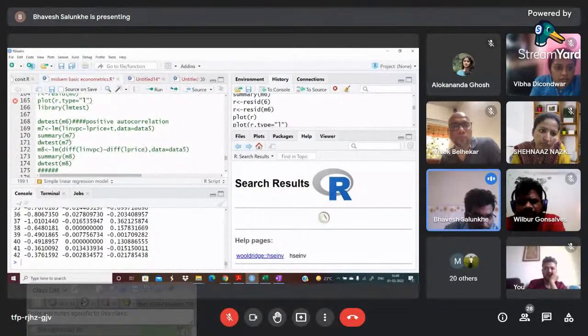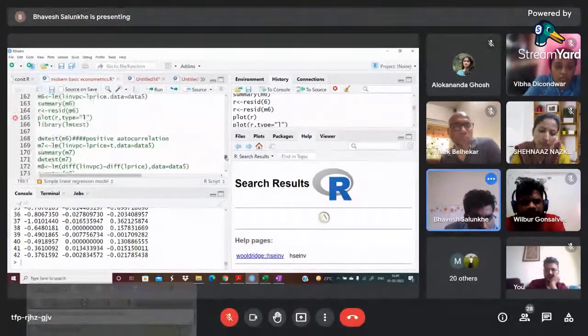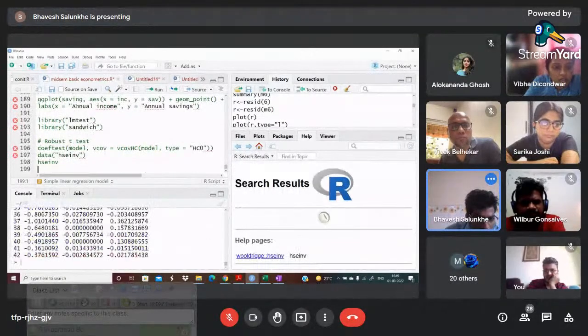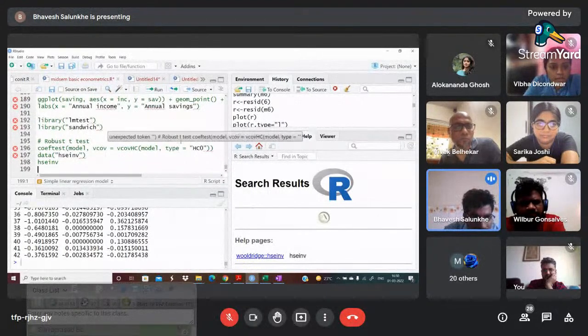It was model 6 that we regressed, no? So run this. I don't know why this is happening. There is some error, and it is giving me something different when I execute the command. Maybe I'll have to shut down my session for that.